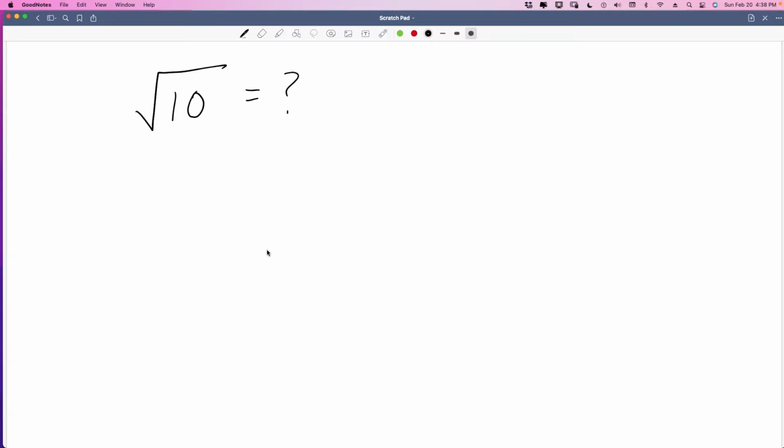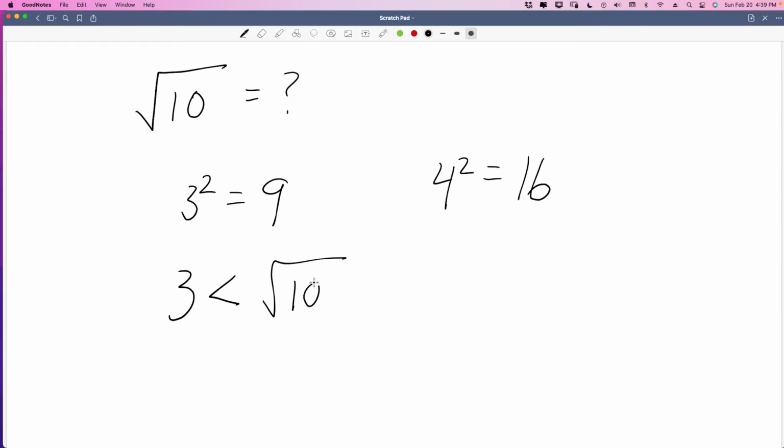It must be a little bit more than 3, because 3 squared is equal to 9, and 9 is 1 less than 10. So 3 has to be less than that, right? But because we know that 4 squared is equal to 16, it's got to be less than 4.